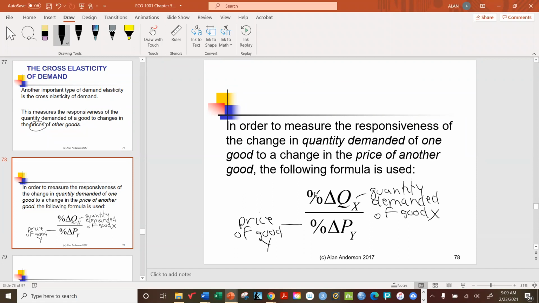Now we're looking at two different goods, but there's still percentage changes. And now this time we still are very interested in seeing the sign of this number. The magnitude is important too, but the sign proves to be extremely important.